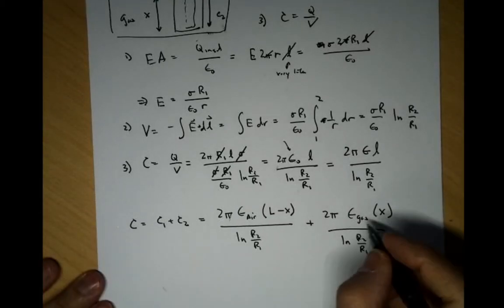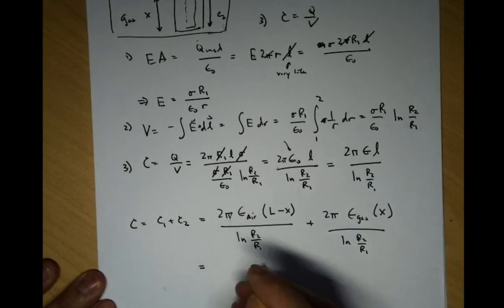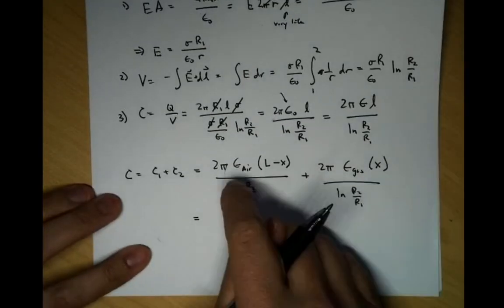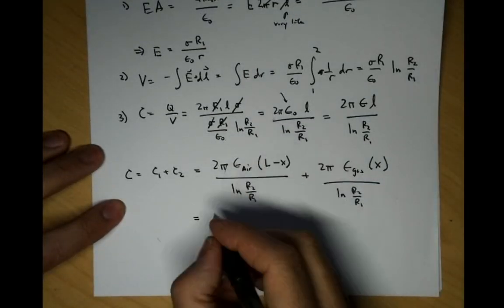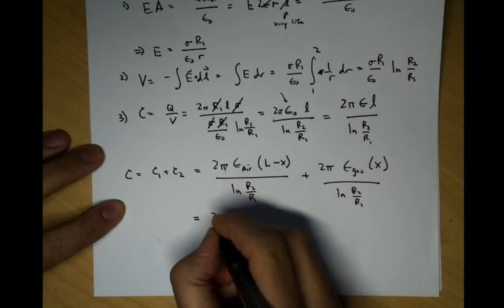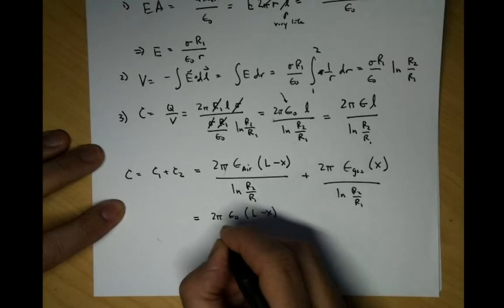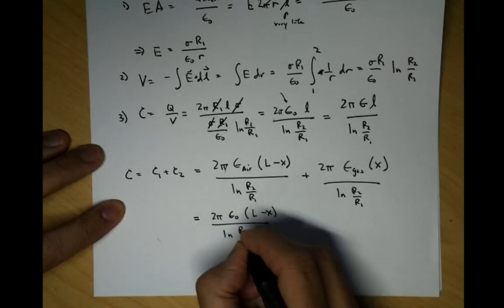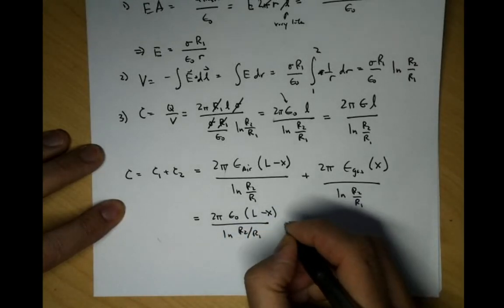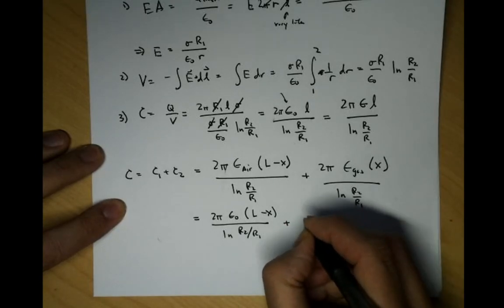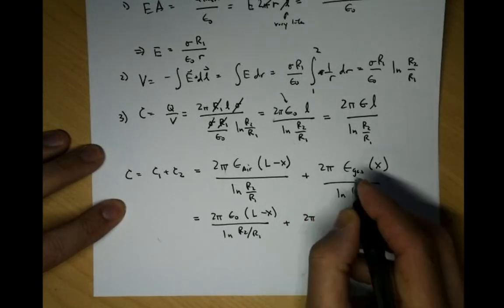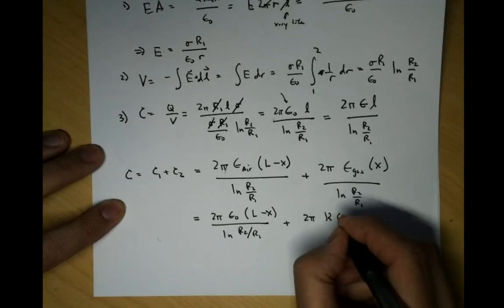I stare at this thing. I'm going to basically write this thing out now. So epsilon air is just basically kappa is 1, so it's just going to be 2 pi epsilon 0 times L minus x over the logarithm r2 over r1, plus now, this would be 2 pi kappa epsilon 0 x over logarithm r2 over r1.